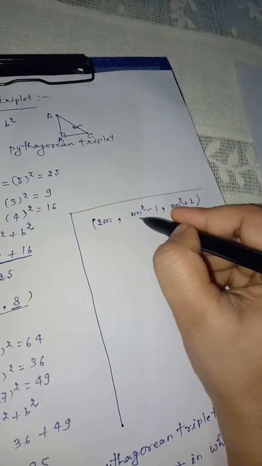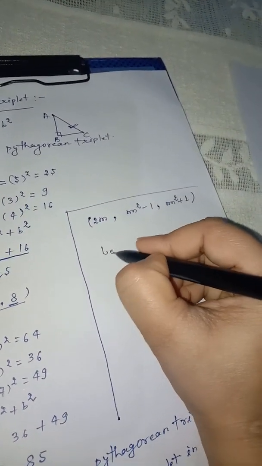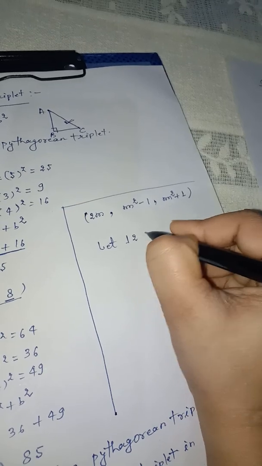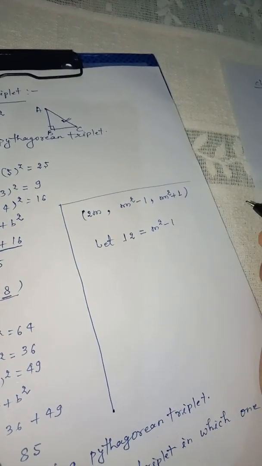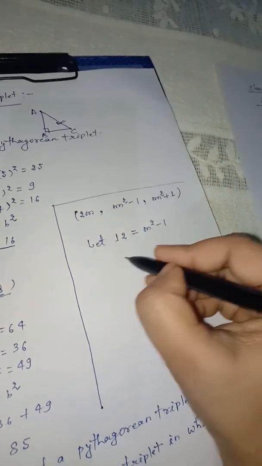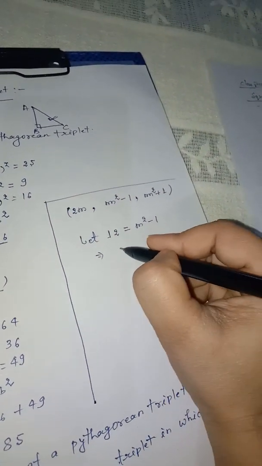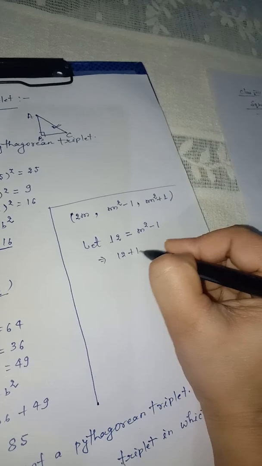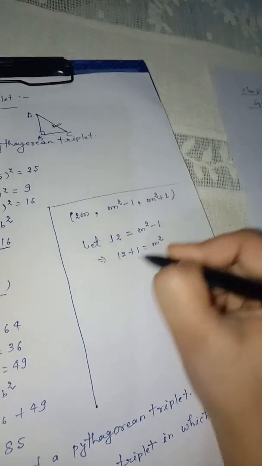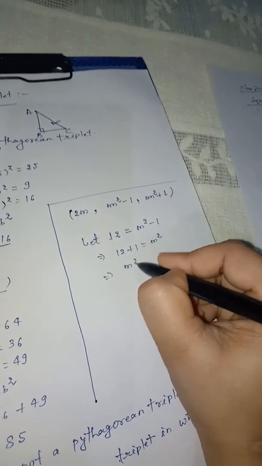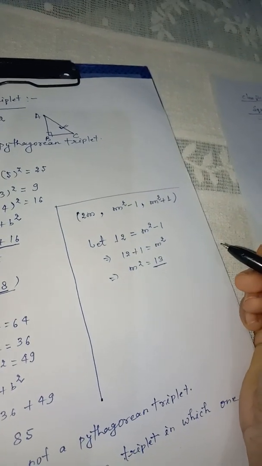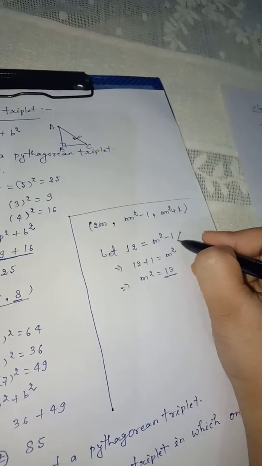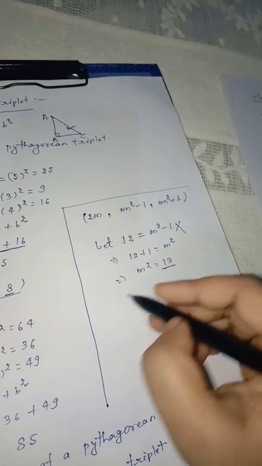So suppose that 12 equals m square minus 1. Can we write it? Yes. So 12 plus 1 equals m square. Now m square equals 13. Is 13 a perfect square? No. So our assumption is wrong. Okay.